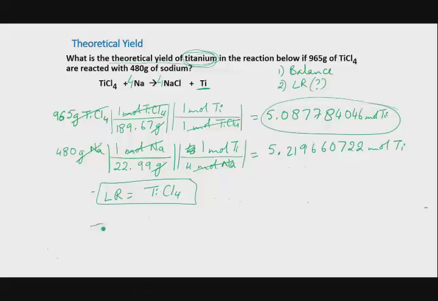So theoretical yield can be in moles, in which case this will be the theoretical yield, or theoretical yield can also be in grams, which means that we take those many moles of the product from the limiting reactant and convert that into grams of that product.